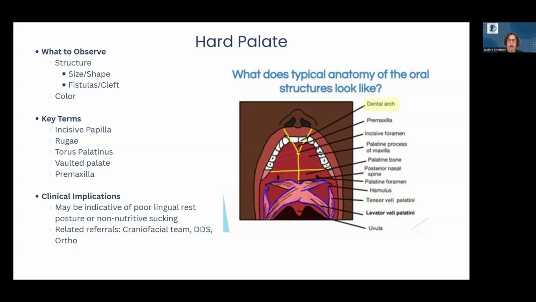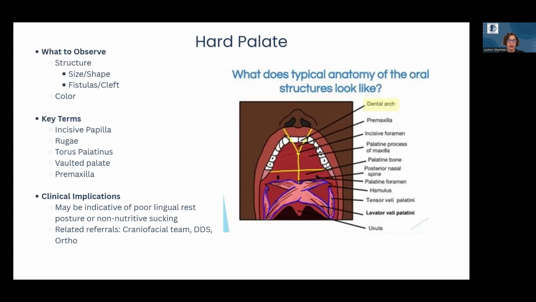Okay, so our referrals would be to an orthodontist for chronic narrowing of the palate, which will affect tongue posture; ENT or craniofacial specialist for clefts, for fistulas, for severe structural constriction; and feeding and nutrition specialists, again, if it is so narrow that the palatal shape is limiting the ability for the tongue to have tongue-driven feeding efficiency.